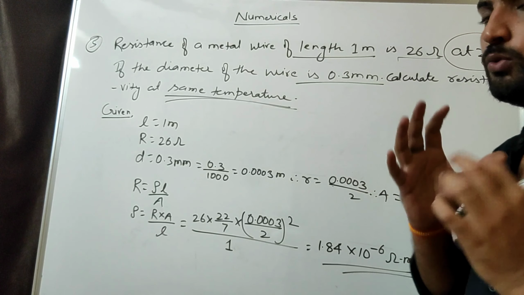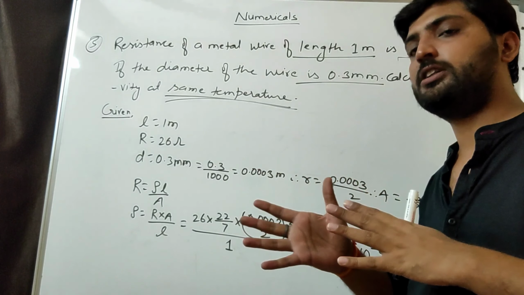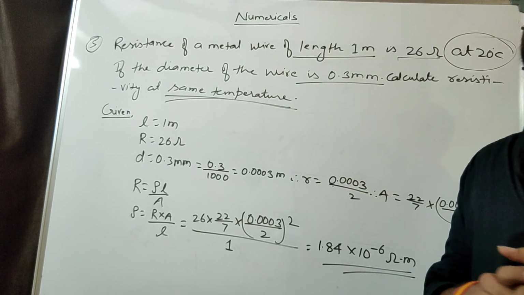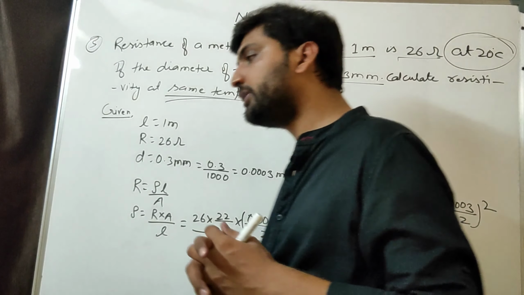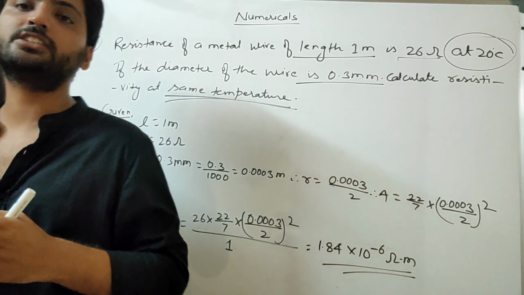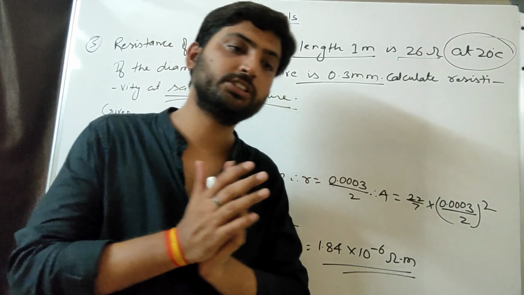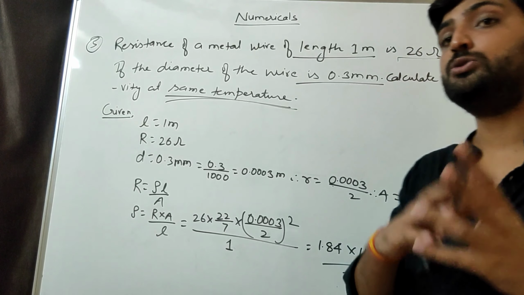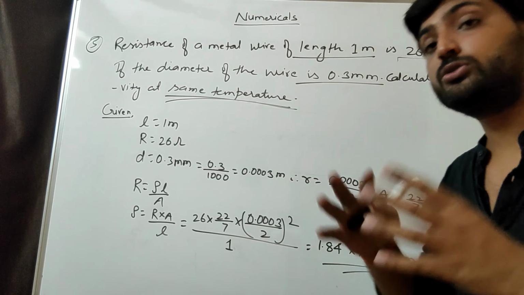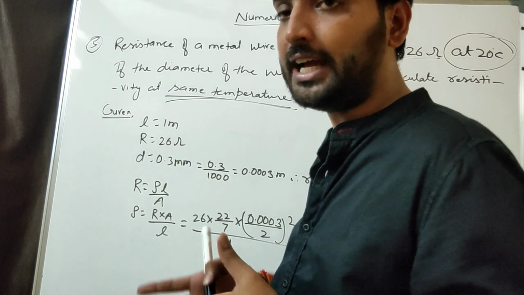In the next lecture, we are going to discuss the combination of resistances, and that topic also contains a huge number of numericals, so we will also solve numericals based on that.